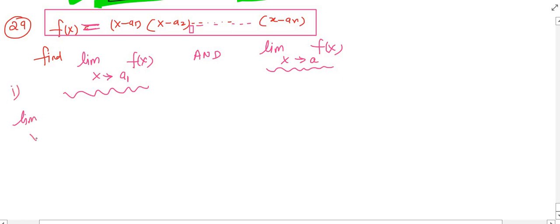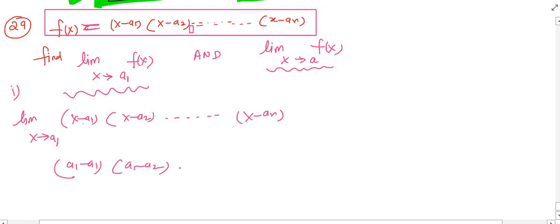So first part I am doing, x is a1, fx. What is fx? x minus a1 ... and x minus an. Now we will just put the value directly. a1 minus a1, a1 minus a2, a1 minus an.